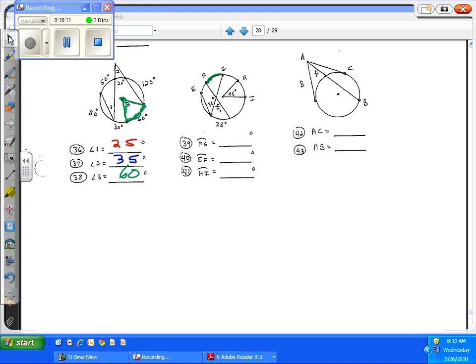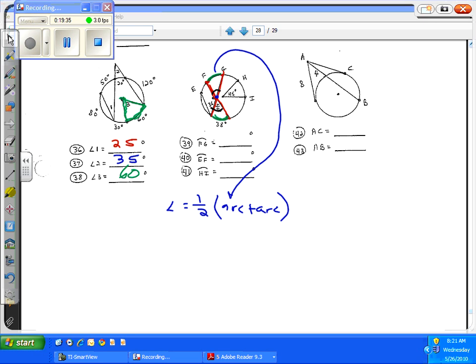Number 39, arc FG. Uh-oh, this time we don't say where's the vertex. We've got an arc. So we say, well, where's the angle that hits it? The angle that hits it, we've got two choices. We've got this one, which is inside but not the center, so it's half the sum. That looks a little complicated right now.